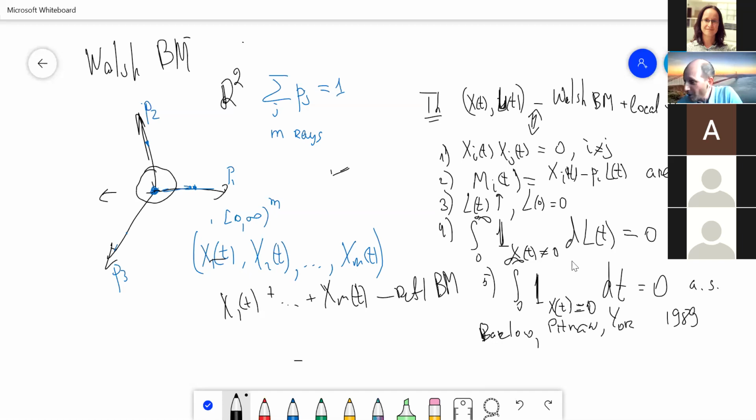Thank you very much. And I forgot to write the square characteristic. Yes, and the square characteristic is the integral from 0 to t of the time spent by the i-th process on the positive line, not in 0, so the time spent on the i-th ray, on the i-th coordinate axis, plus this.